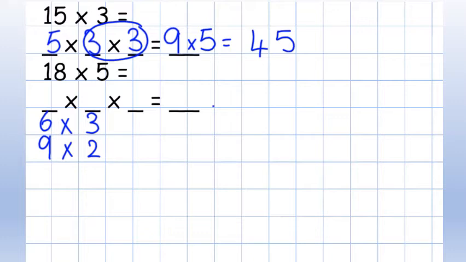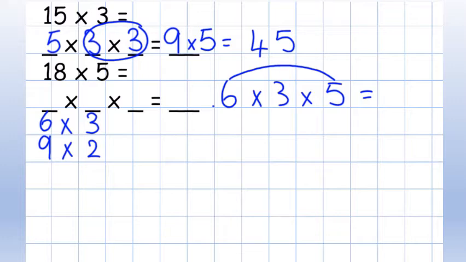So we would have 6 times 3 times 5. And I'm going to do that multiplication first. 6 times 5 is, excuse me, 30. And then 30 times 3 is 90.